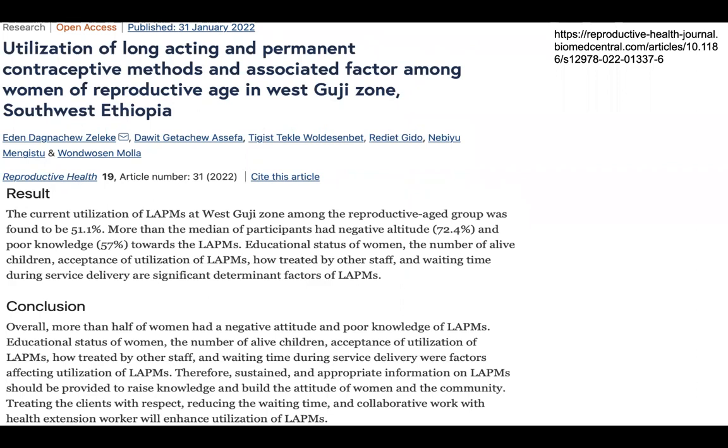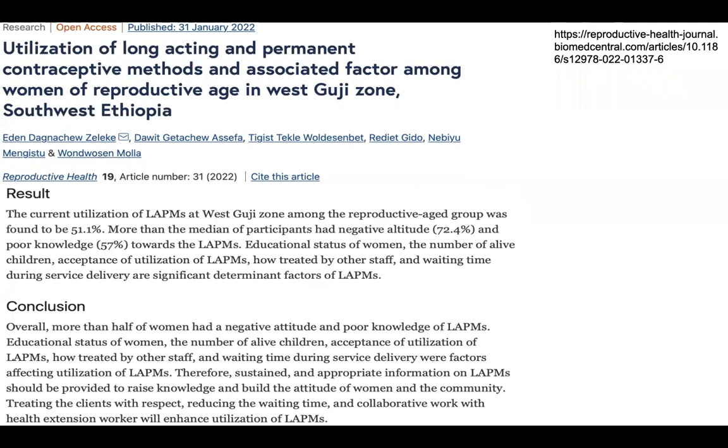Conclusion: overall, more than half of women had a negative attitude and poor knowledge of long-acting permanent methods. These same factors affected utilization of long-acting permanent methods.